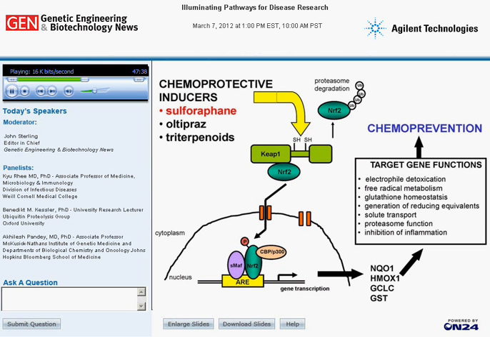When sulforaphane is bound to KEAP1, NRF2 can then go to the nucleus and bind to regions upstream of antioxidant class of genes that have antioxidant response elements.